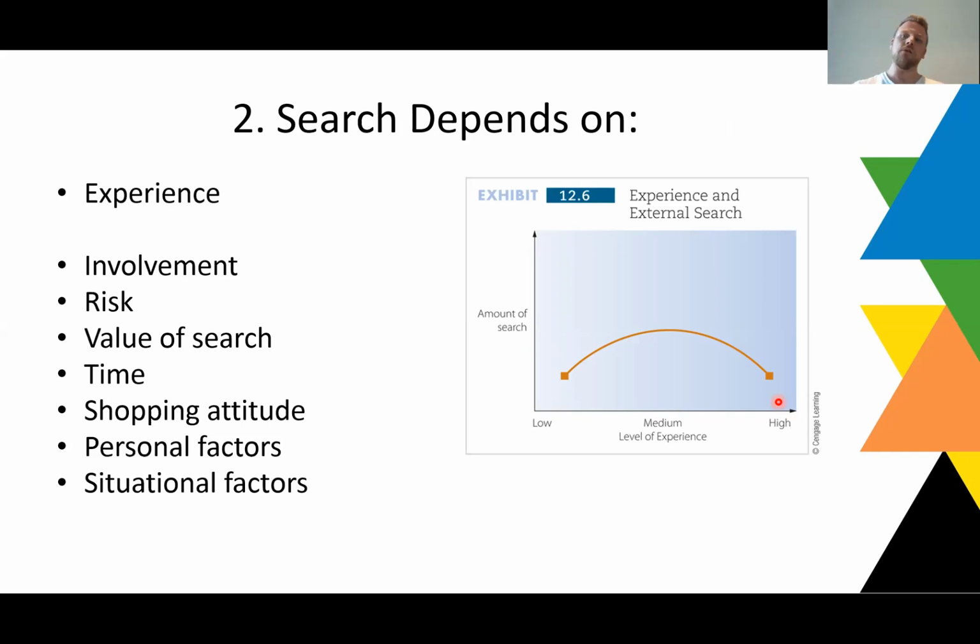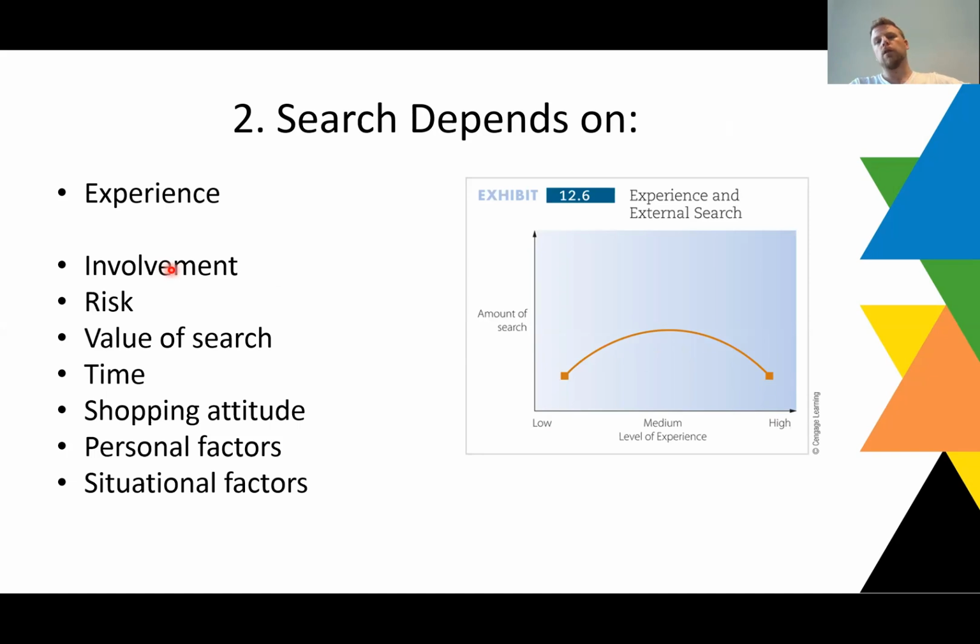In the same way, if you know a lot about cars and there's not that much change, you might already know what to ask for and what to look for when buying a new car, and you don't need that much external information search. So again, like crowding, we see an inverse U-shaped effect of how experience impacts the external search behavior.